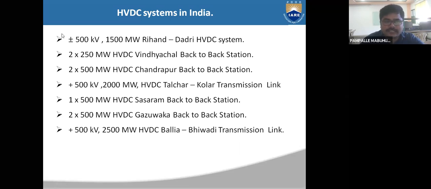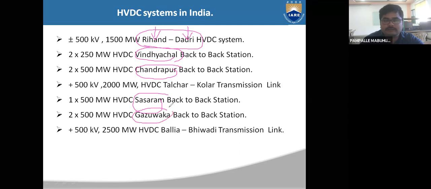Now if you observe this, we represented two locations here, Rihand and Dadri. But for Vindhyachal, Chandrapur, Sasaram and Gazuwaka, only one location is represented.